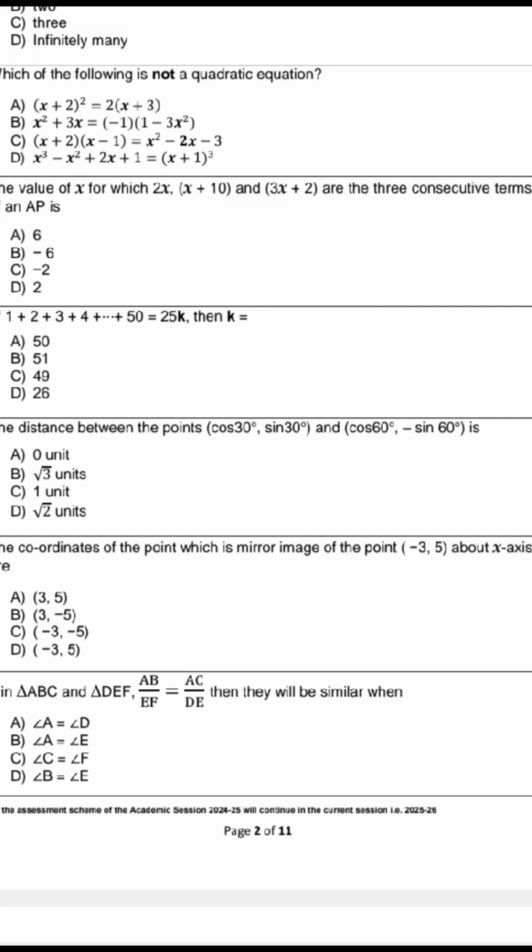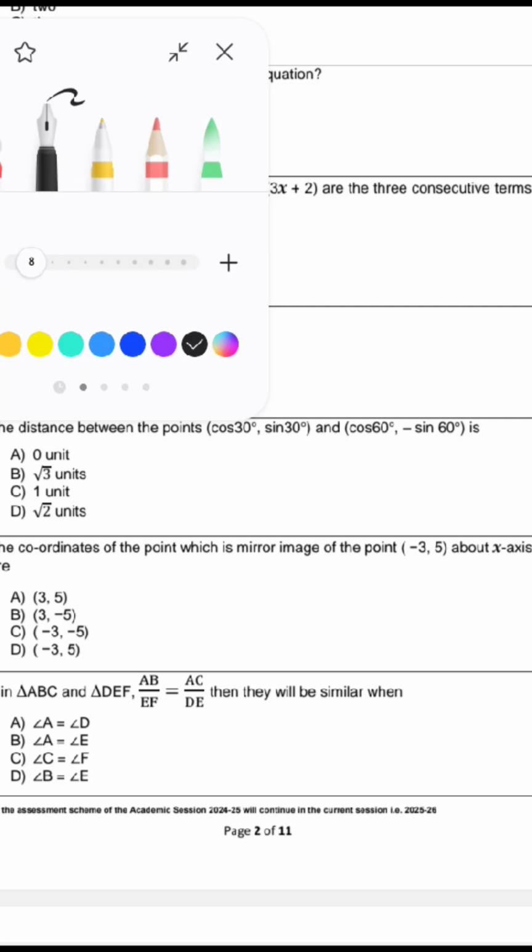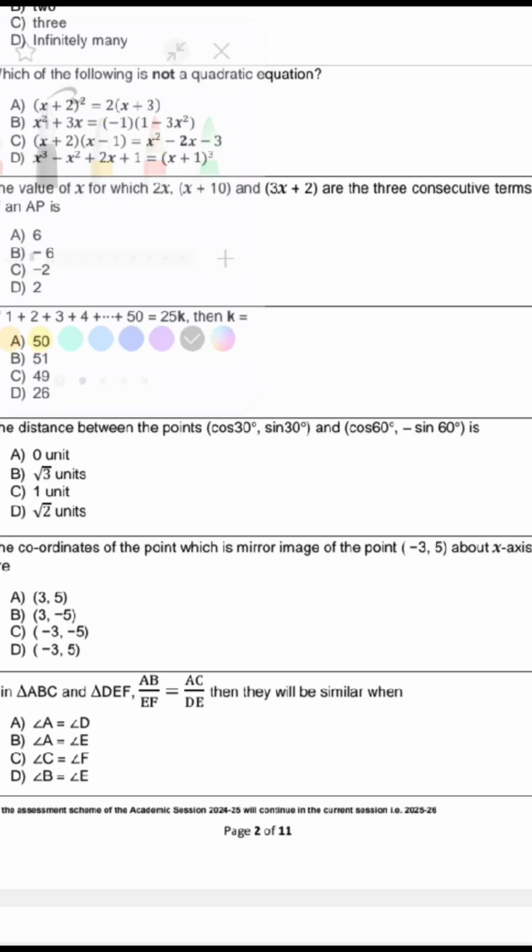In question number 6, it is given that 1 plus 2 plus 3 plus 4 plus ... plus 50 equal to 25k. Then find the value of k.